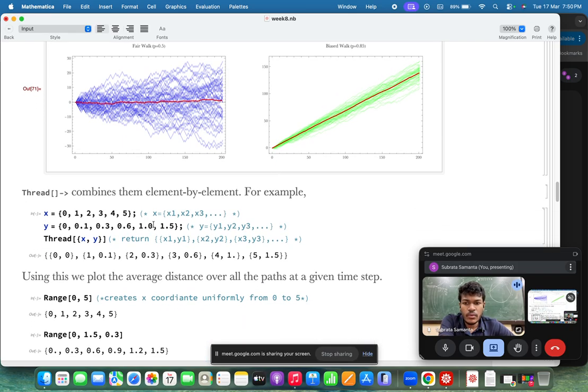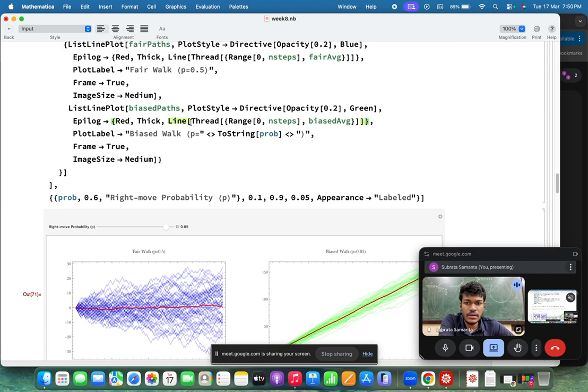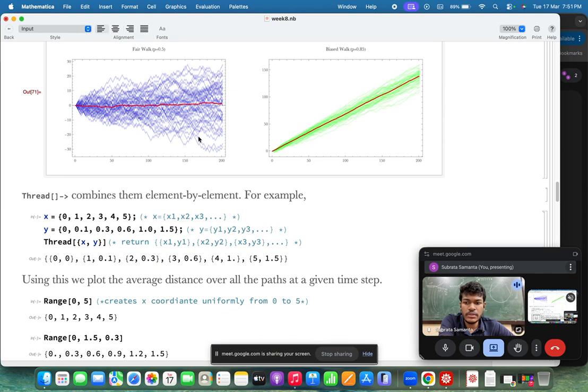So, how does this thread work? This is the new thing that we learned today. Let us say I have a list x: 0 1 2 3 4 5, and another list y: 0, 0.1, 0.3, and so on. The thread makes a table, 1 by 1.